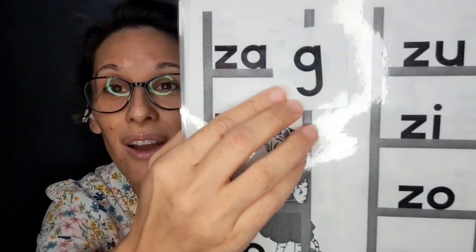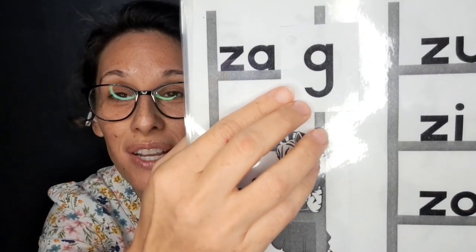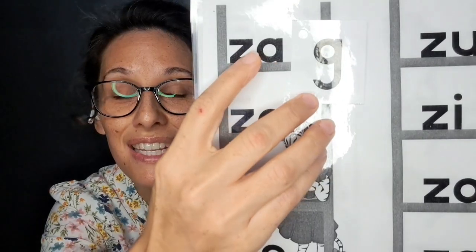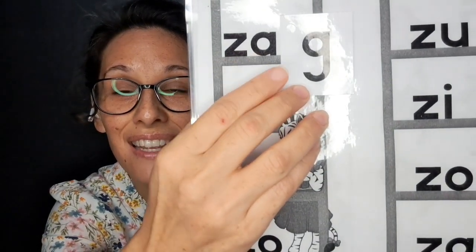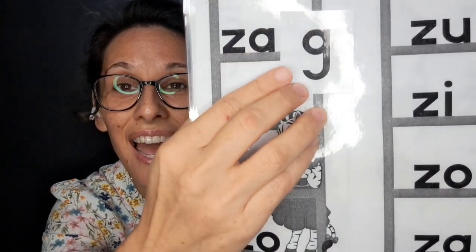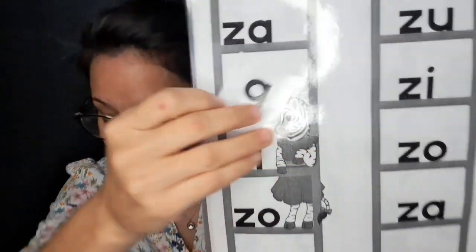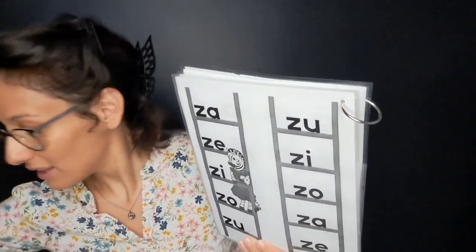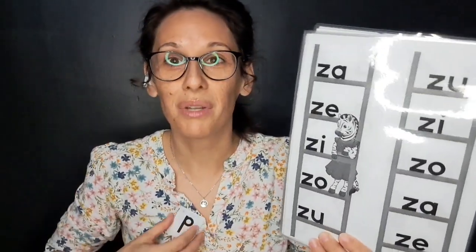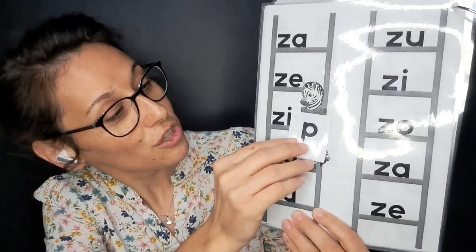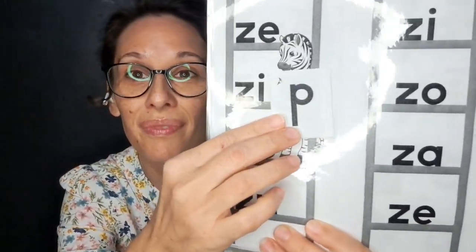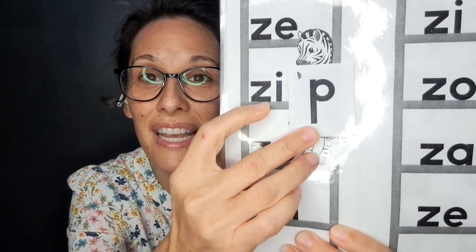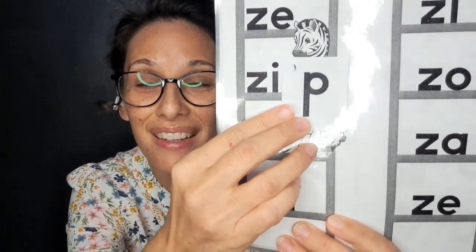Can you sound that one out? You can always pause if you need a little more time. Z, a, za, g. Zag. Okay, one more letter and then we'll be done with the blend ladder. Let's try this one. Z, i, p, zip. That makes a word.